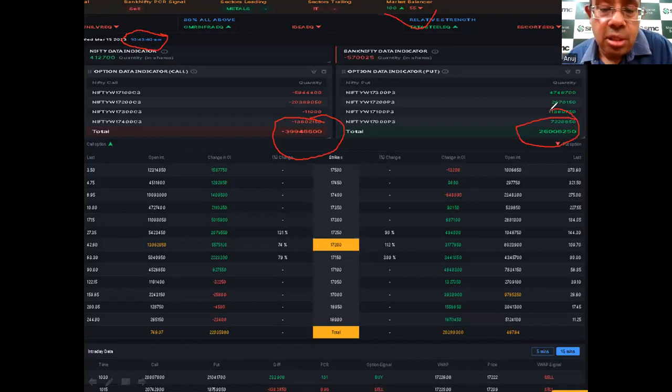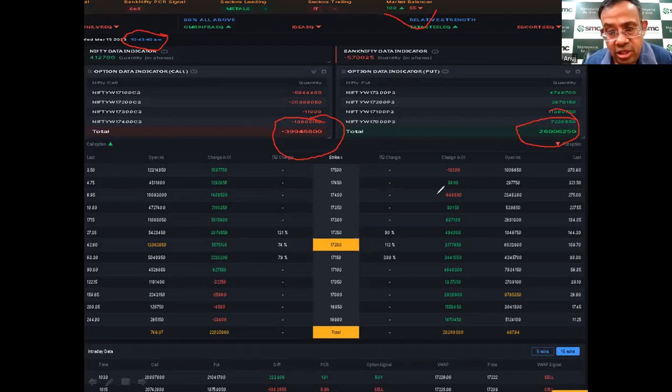It suggests the market participation in the call side as well as the put side. Put, you see that the quantity is roughly to the tune of 2 crores 60 lakhs 6,250. So money flow is being distributed in that way.